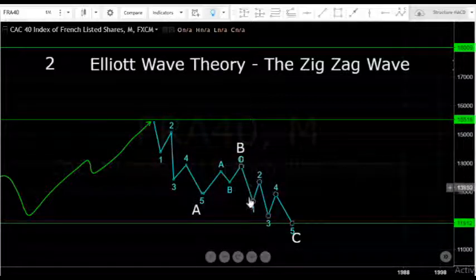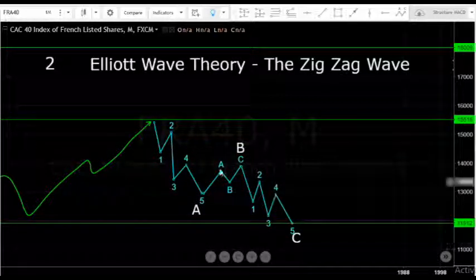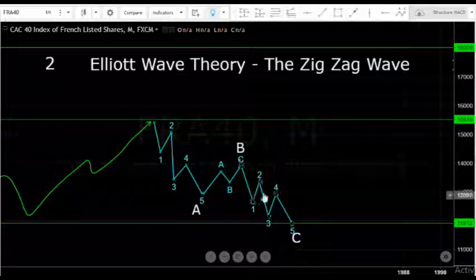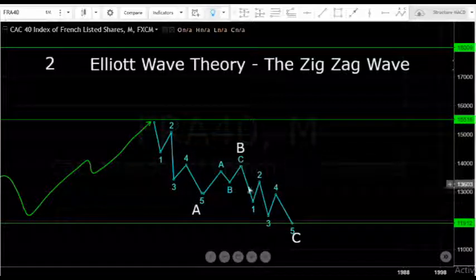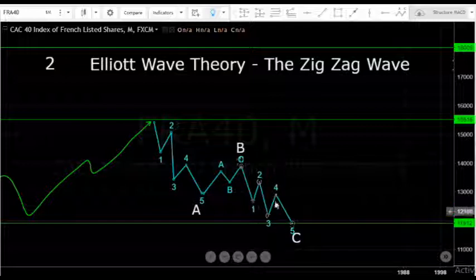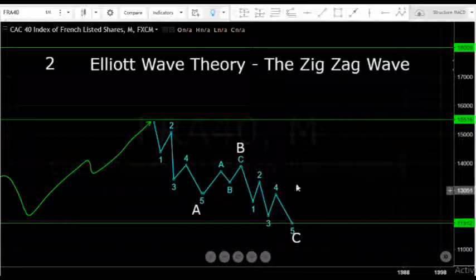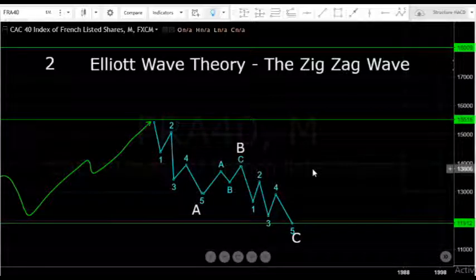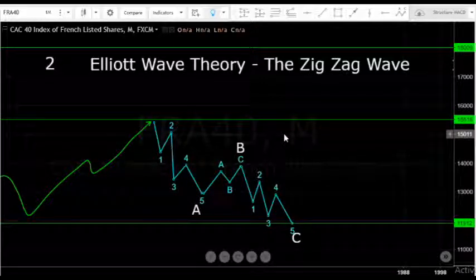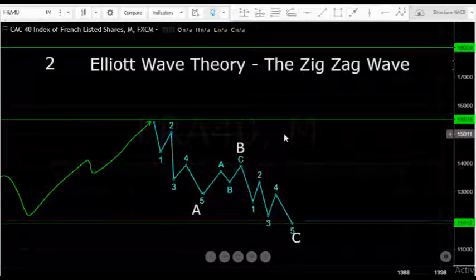And then we have here another 5 wave, which gives us our C. And in this case I've drawn in a diagonal, because 4 breaks into the area of 1 there. Okay, don't get caught too much up on that. Remember, we're doing just basics here, ABCs. So that is the basic breakdown, the subwave structure of a zigzag wave.